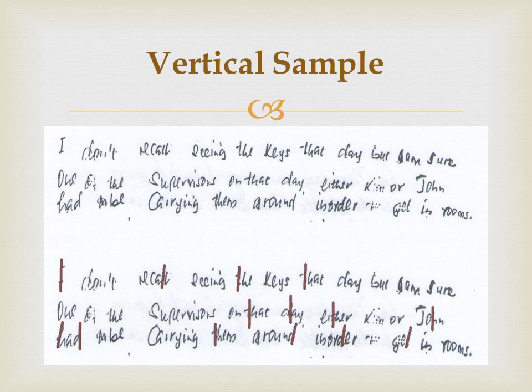The sample shown is an example of a vertical slant. The one below is the same sample but with red indicators illustrating this vertical slant. Again, if you were to take a protractor and check the red slants, you would find that they are all in the range of being a vertical slant.